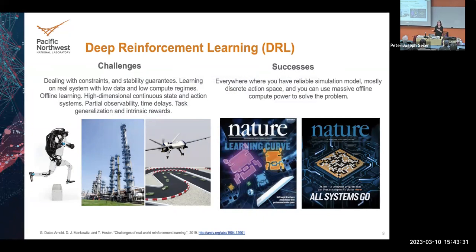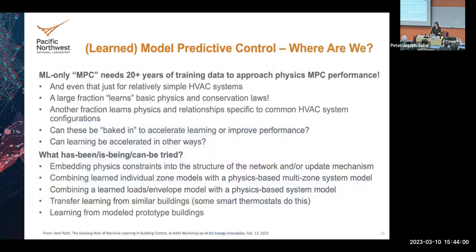And in buildings, as I said before, creating a high fidelity simulation of every building is intractable. It's very costly, it requires significant expertise, and it requires advanced tools that our engineers do not know how to use. So because of that, reinforcement learning is not the ideal choice for controlling buildings.